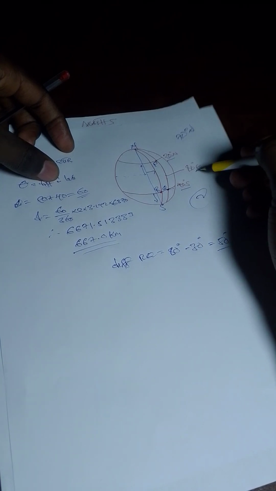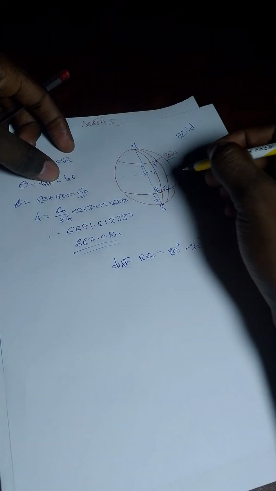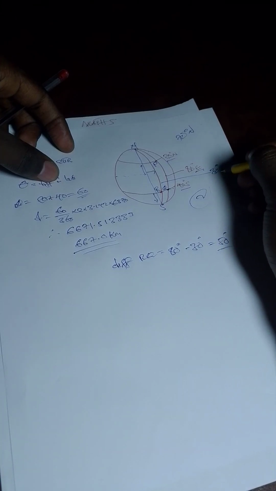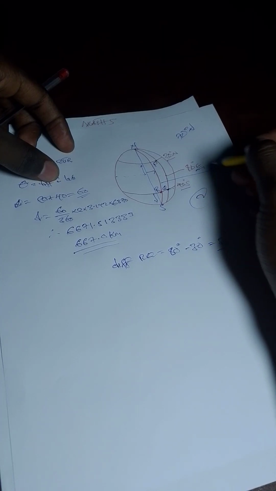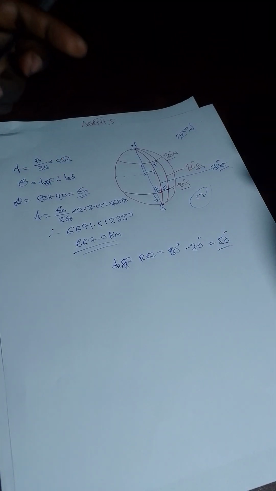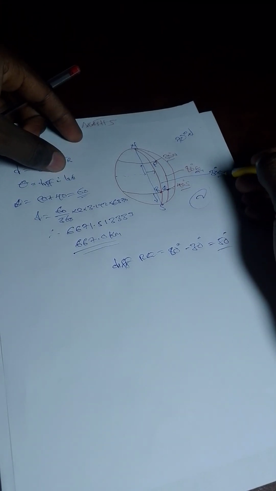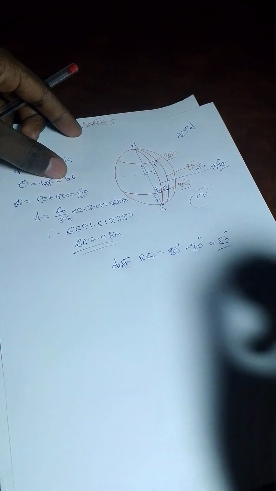So since we have east and 30, this is 30 degrees east. So east we subtract. When the points are on the same side, we subtract. Points on different sides we add. So east south we add, east west we add, just like that. So that is our answer.